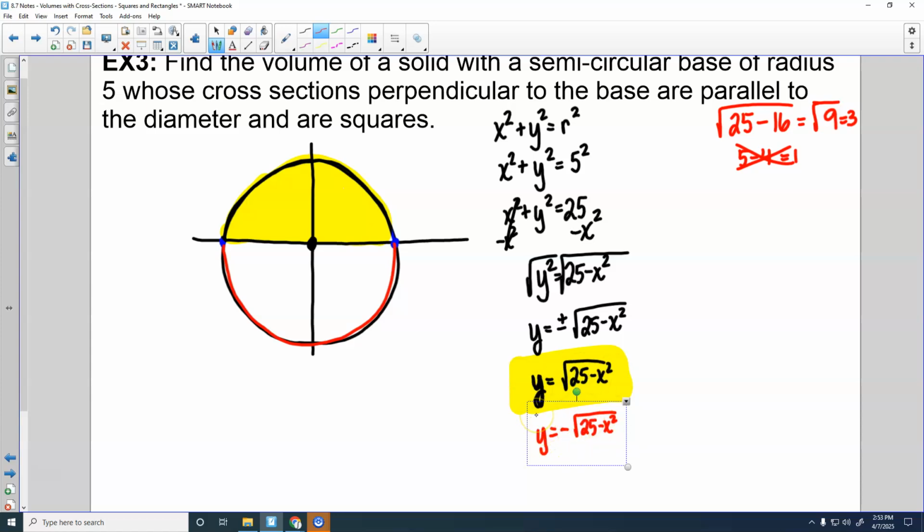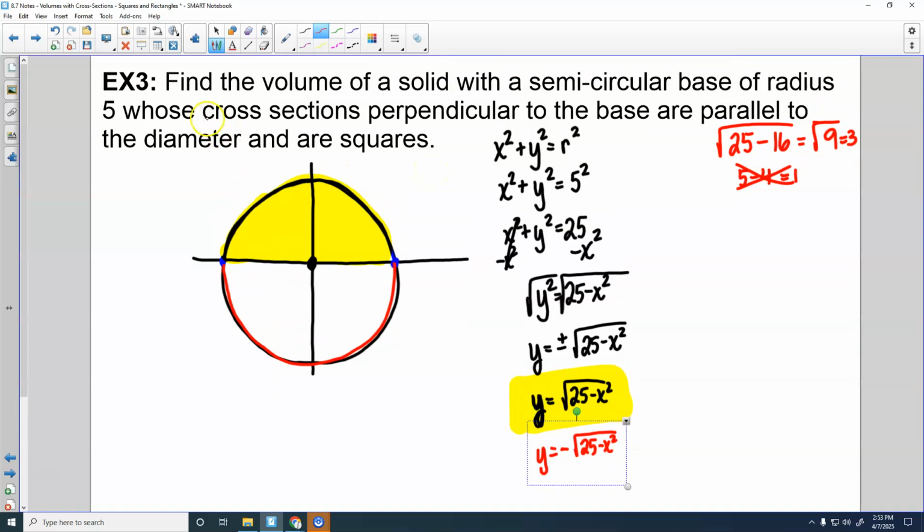The bottom half I'm just not going to worry about because they told me that I only need a semicircle base, and cross sections perpendicular to the base are parallel to the diameter and are squares.